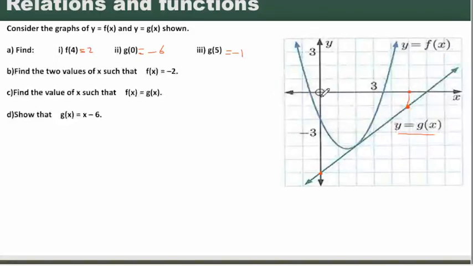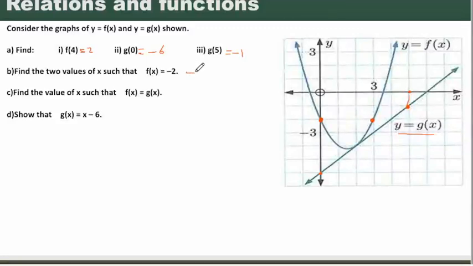So I will come down to -2, which would be here, and again here. That is where f of x equals -2. So I find 2 points. One of them is 0 and one of them is 3.